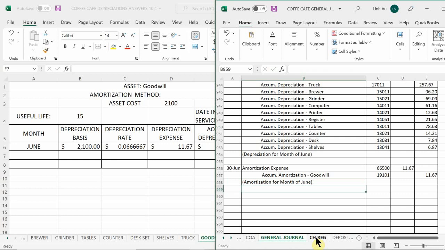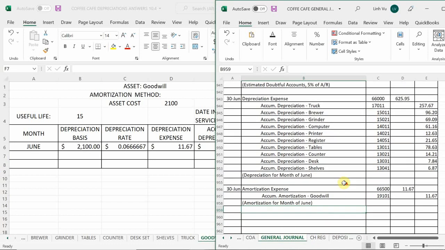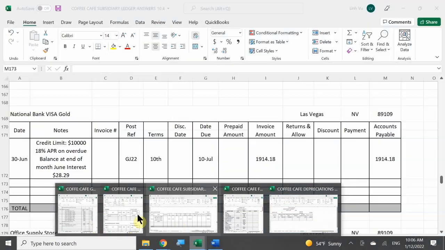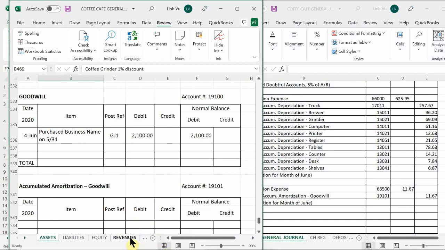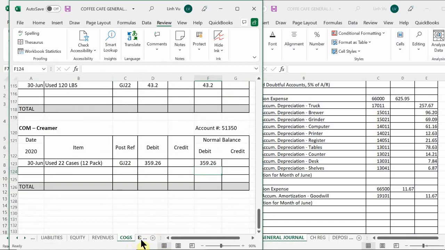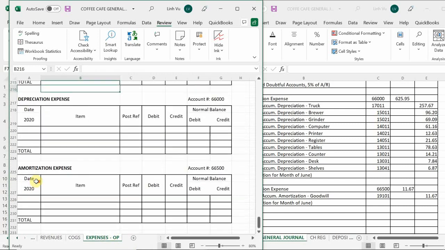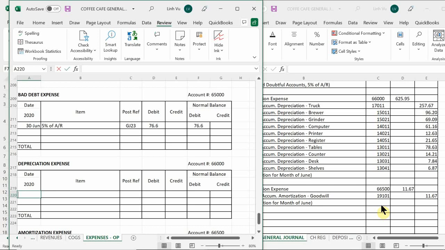Okay. So let's go ahead and place all of this onto your ledger. Starting with the first one, which is your depreciation expense account. Depreciation of all fixed assets for month of June.